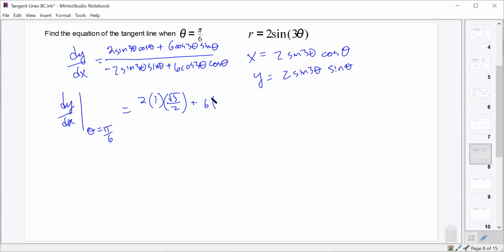What's the cosine of 3 pi/6, or cosine of pi/2? 0. And then sine of pi/6 is a half, even though that doesn't really matter now because our cosine was 0. And then down here we got -2, and we got sine of 3 theta, so that's still 1. And then sine of pi/6 is a half. And then this whole second part here, because of the cosine of pi/2, ends up being 0. Everybody good there?